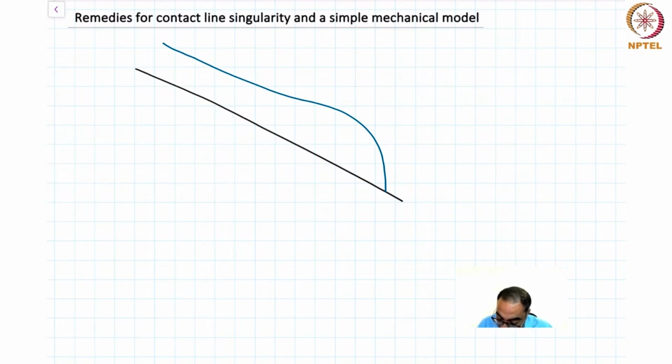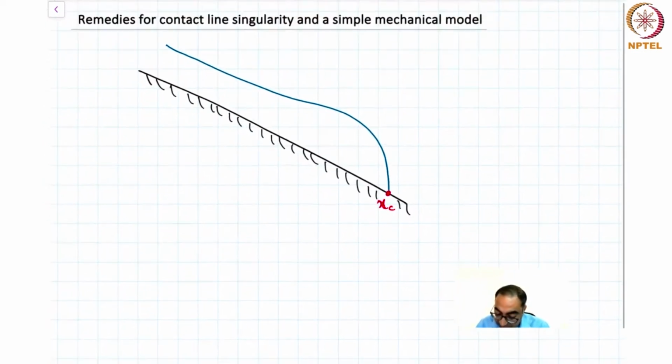It's a thin film that is flowing down an incline. This is the incline, and this is the position of the contact line. At this point, there is a singularity, right? If you apply the no-slip condition and so on.